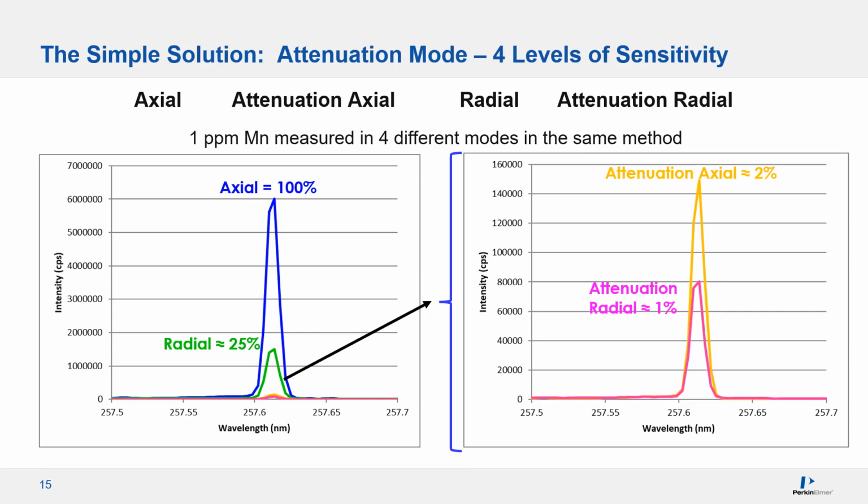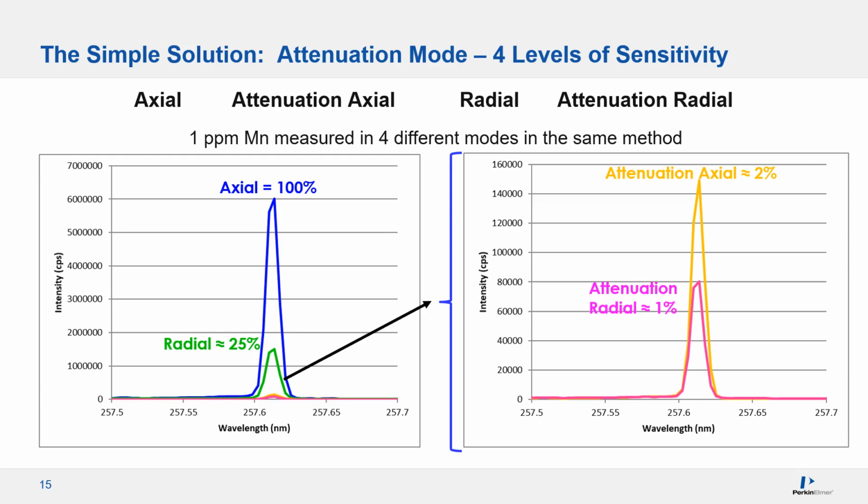One of the benefits of attenuation mode is it gives us 4 levels of sensitivity to choose from when we're doing analysis. We can measure our signal in axial mode, radial mode, attenuation axial mode, or attenuation radial mode. So for example, let's take a look at a 1 ppm manganese signal, and let's assume that our axial intensity is 100%. If we go to radial mode, our intensity is cut by 75%, so we have 25% of the intensity.